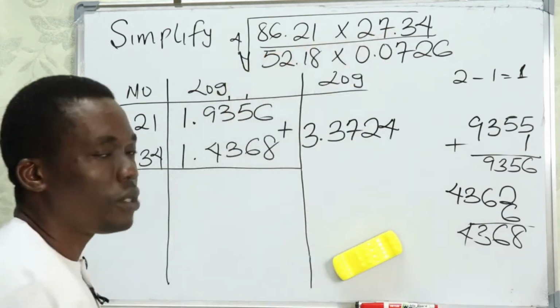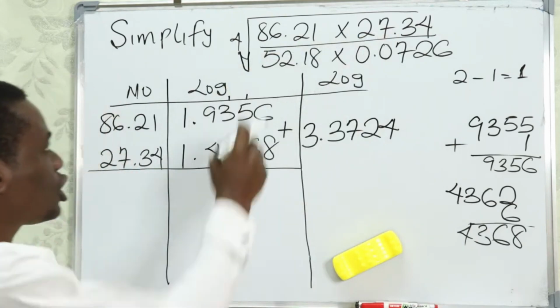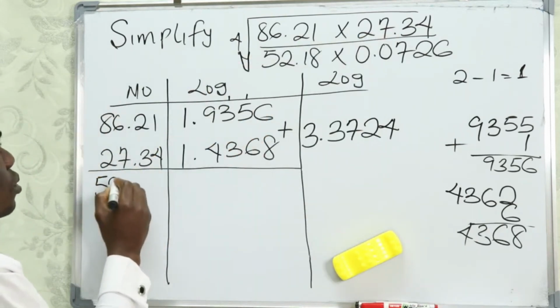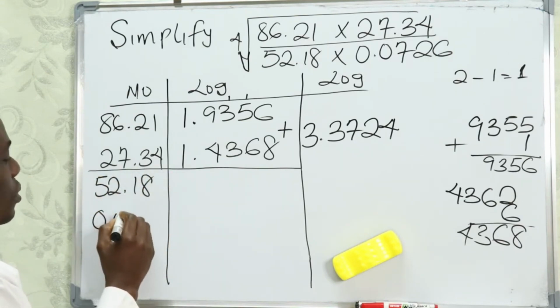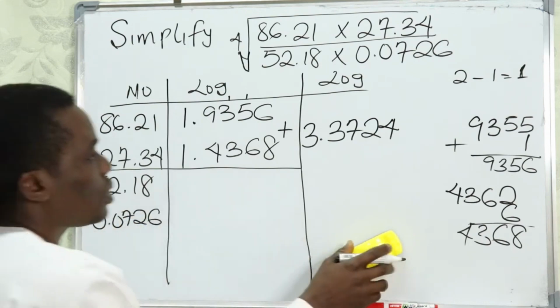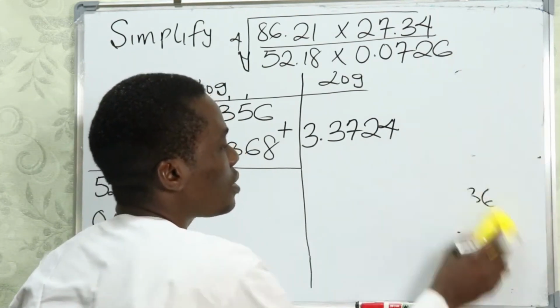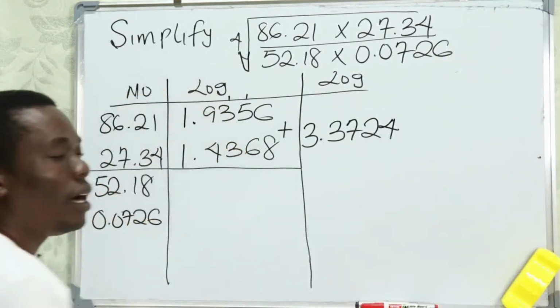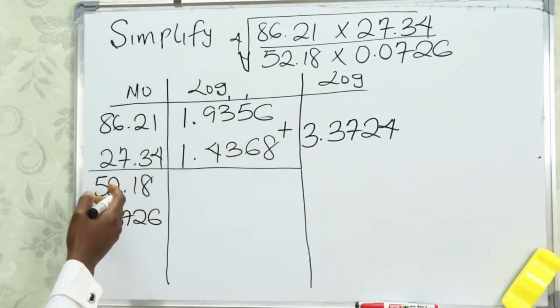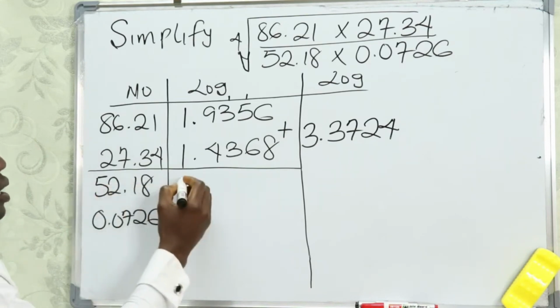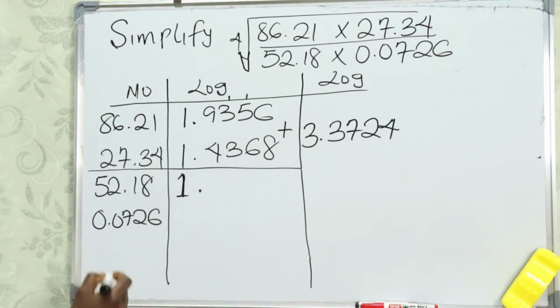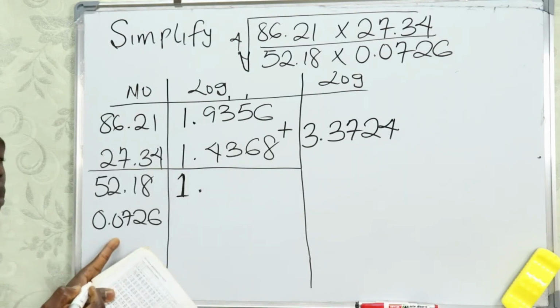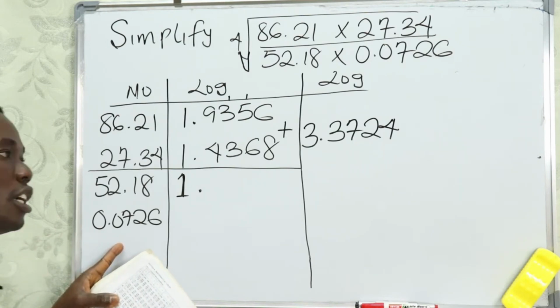The next one will go to the denominator of the main question fraction, and that is 52.18 and 0.0726. Good. Now let's first find the characteristics of these values. The characteristic of this will give us 1, while for the characteristic of this, we're going to look at it in standard form because it's going to give us a negative characteristic.